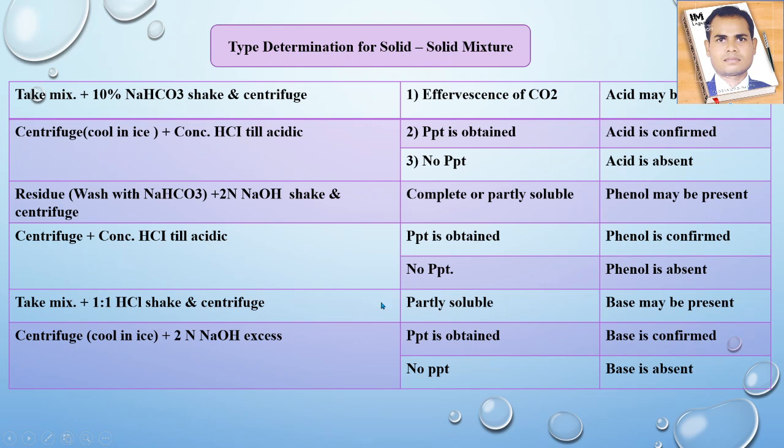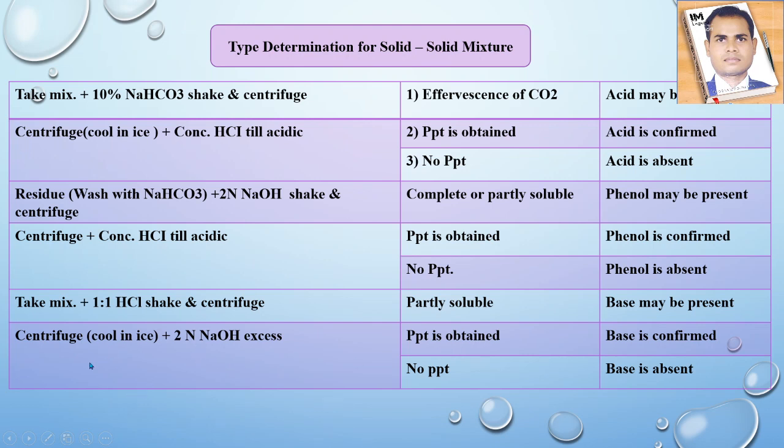If there is no precipitate, we can say phenol is absent. For the next type, we take the mixture, add 1 N HCl, shake and centrifuge it. A partly soluble solution you will see there, and you can say base may be present.